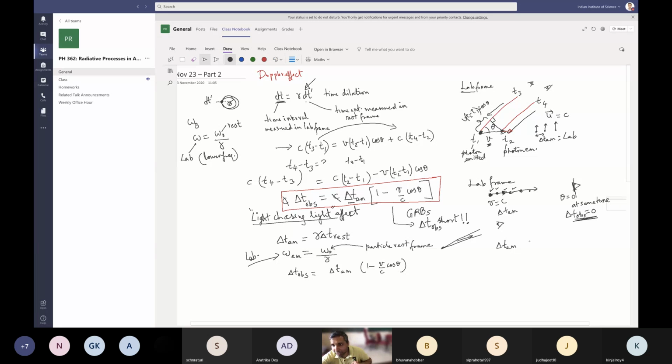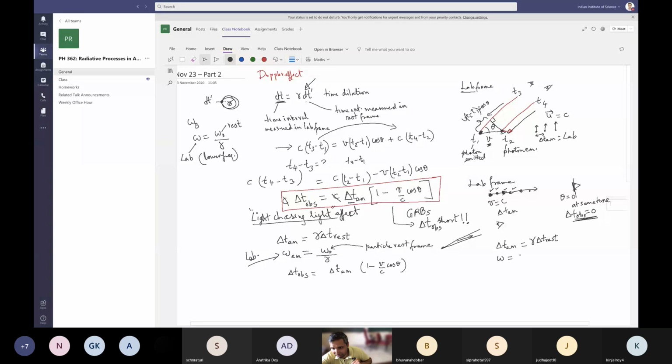So this is equal to delta T rest times gamma, right? Because the lab frame time interval is longer than the rest frame time interval by this factor gamma. And let's measure this frequency.